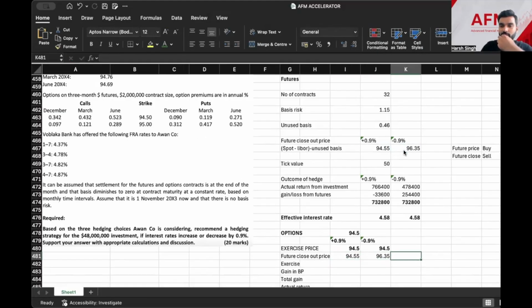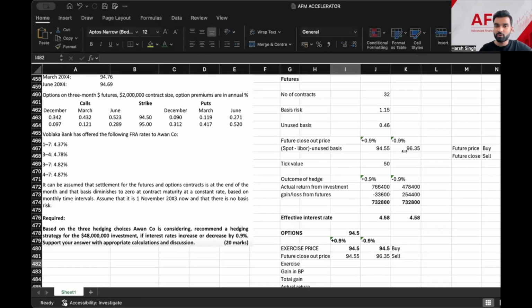Now, we have to remember that we are investing. So this is buy here and sell here. So will you buy at 94.5 and sell at 94.55? If you think for a while, the answer might come out to be yes, we can do that. We can buy at 94.5 and we can sell at 94.55. So over here it will be yes, over here it will be yes.